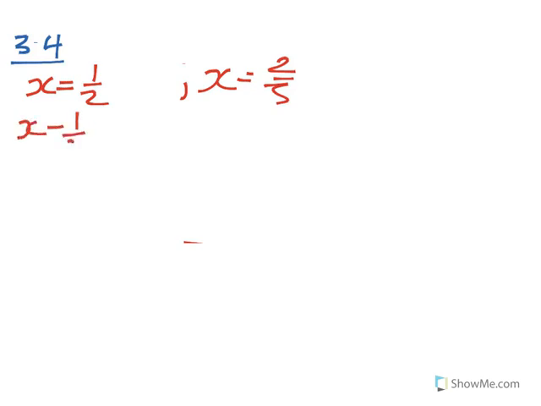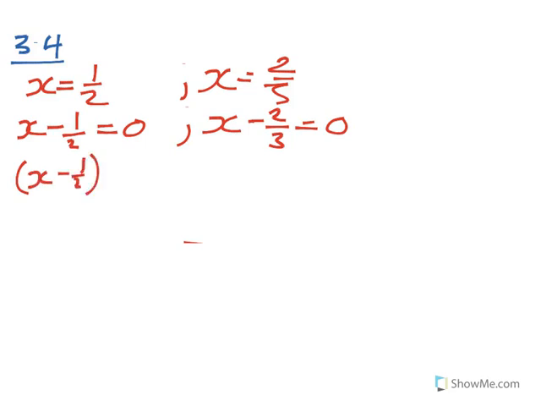You've got x minus half equal to 0, and x minus 2 over 3 equal to 0. So you take that in brackets, x minus half, x minus 2 over 3, this is equal to 0, and then you start to expand.